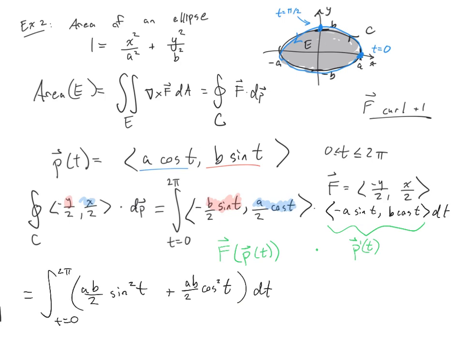And you can already see that you can pull out the ab over 2 in both of these, and you get ab over 2 times the integral of sine squared t plus cosine squared t, which is 1, dt.